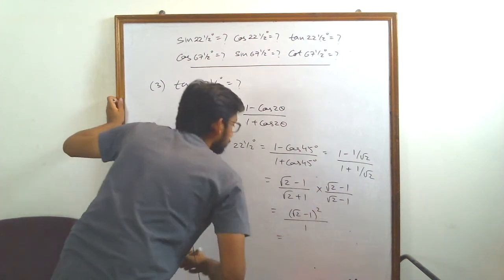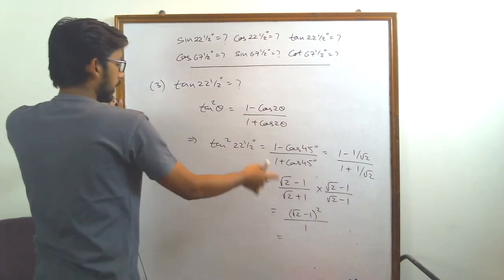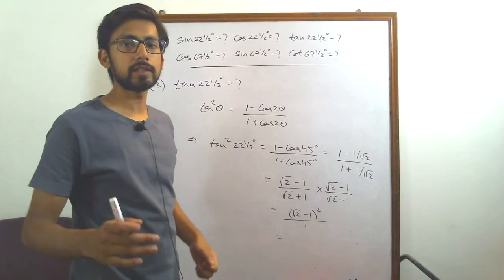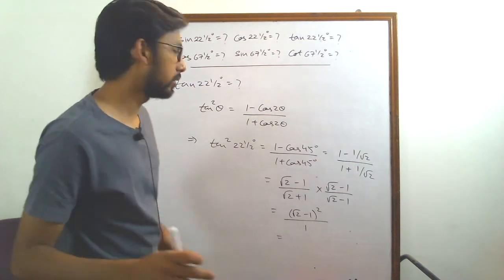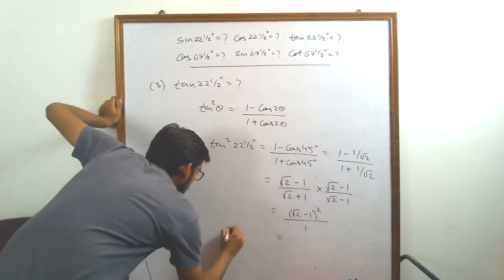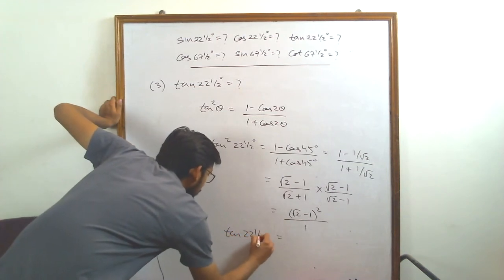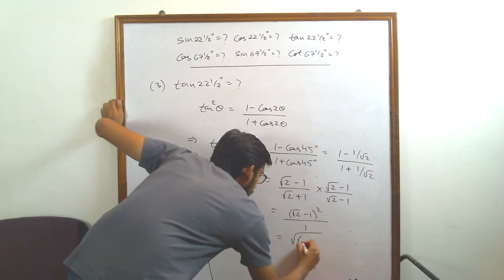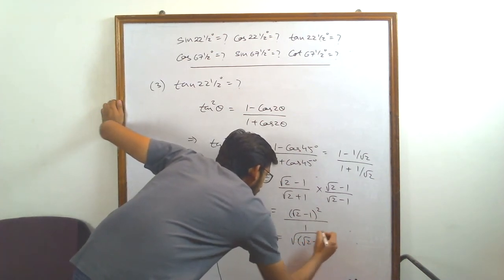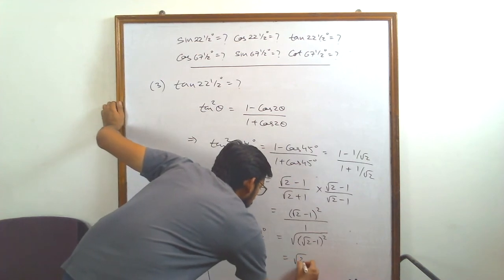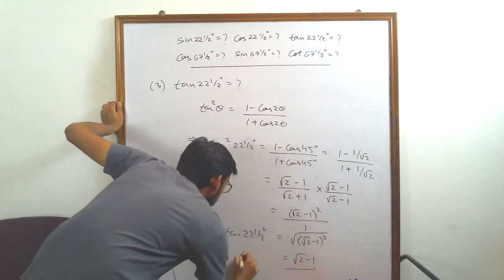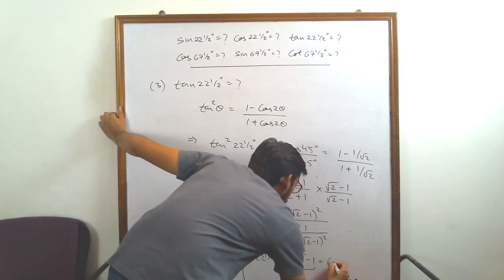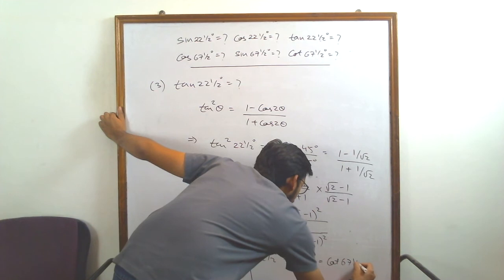Now if I take the square root, I will put a plus minus sign, but since 22.5 degrees is in the first quadrant, it is an acute angle, we will take only the positive value. After taking square root, tan 22.5 degrees is equal to root of root 2 minus 1 whole square, which is equal to root 2 minus 1, which is also the value of cot 67.5 degrees.